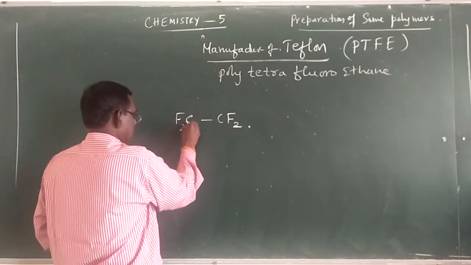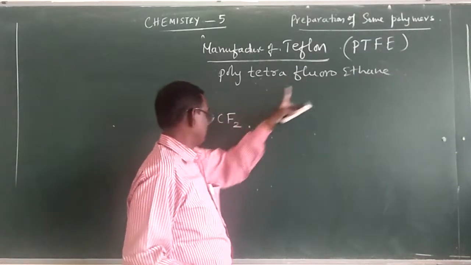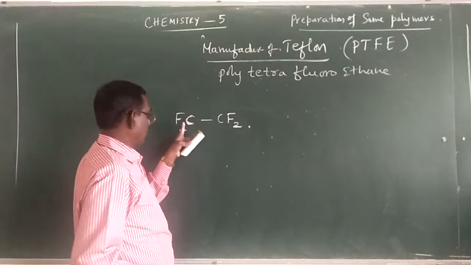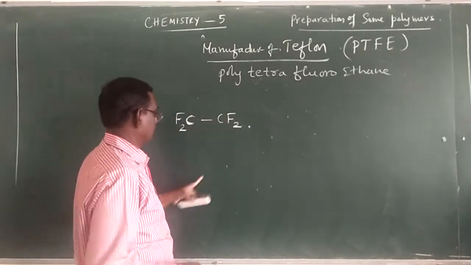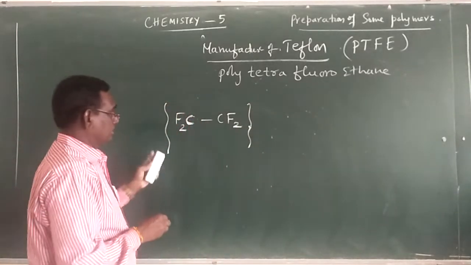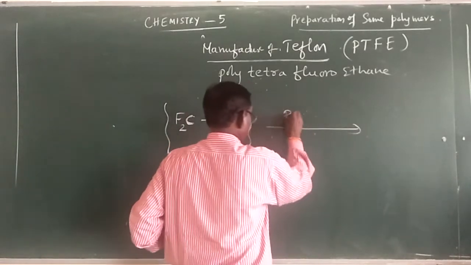So ethane means 2 carbon atoms and 4 fluorine atoms. So therefore it is called tetrafluoroethane. So this tetrafluoroethane undergoes polymerization, addition polymerization.